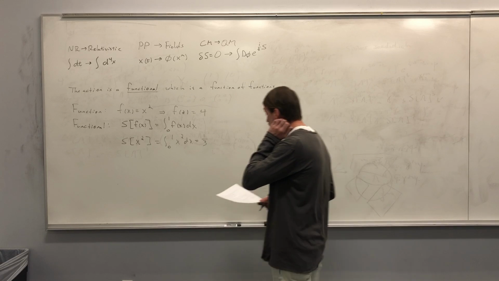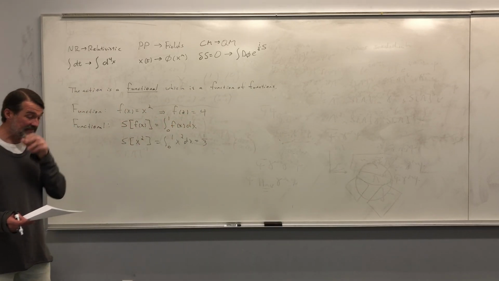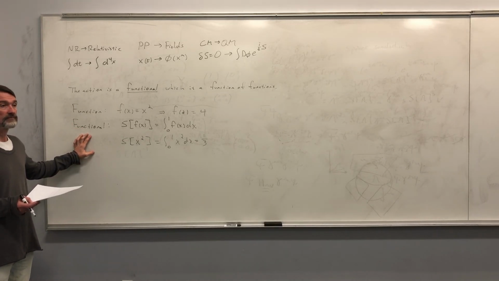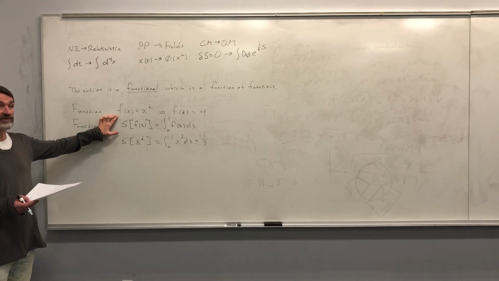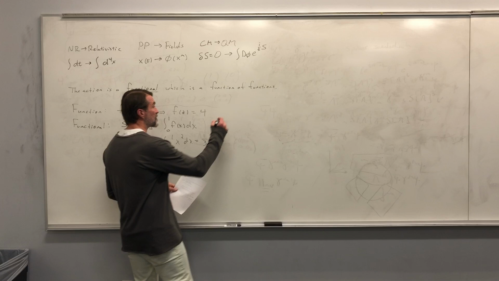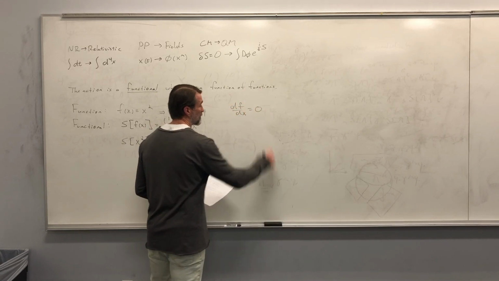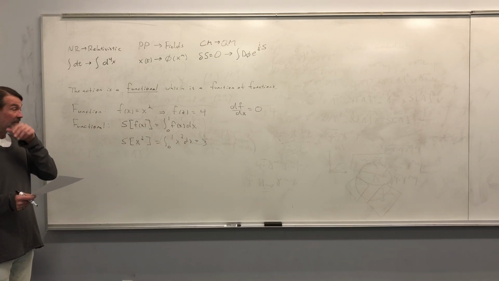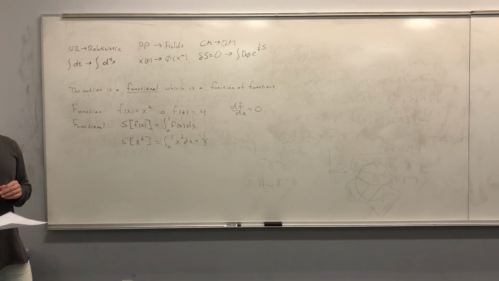Now what makes the language of functionals and this interpretation so nice is that you can imagine extremizing a functional in the same way that you extremize functions. If you want to extremize a function, you just say, I'll take the derivative with respect to x and I'll set it to 0. This tells you the value of x which gives you the largest output.